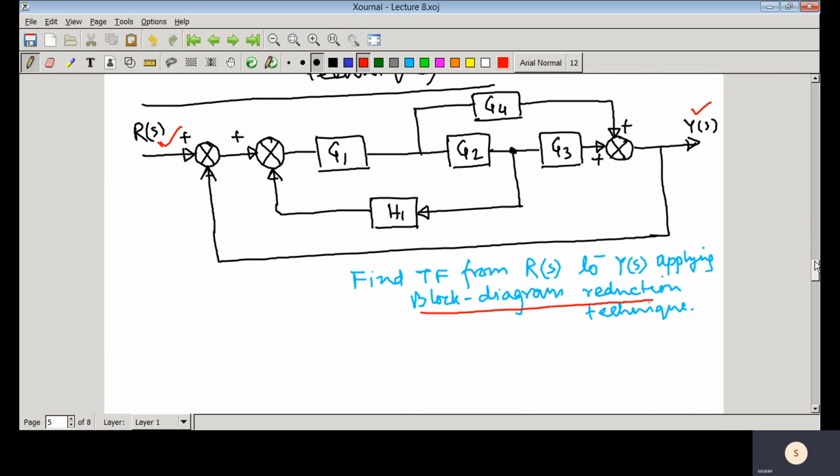So first you look at here, this particular point here. So if we can change this particular branching point from this point to this point, then you can see that we'll be having one forward path. This is that forward path, and this H1 will be coming into the feedback path.